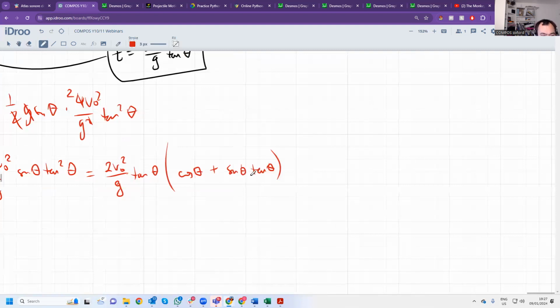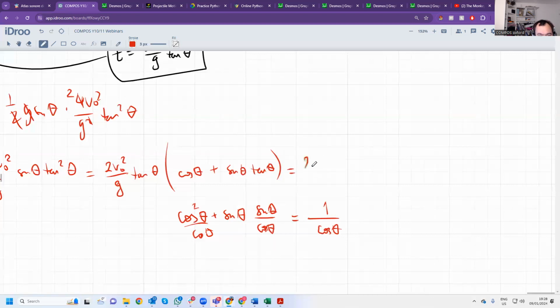Tan theta is sine over cos, so it's cos theta plus sine theta times sine theta over cos theta. You can multiply this both sides, so this is cos squared theta over cos theta. So it's 1 over cos theta. Aha!